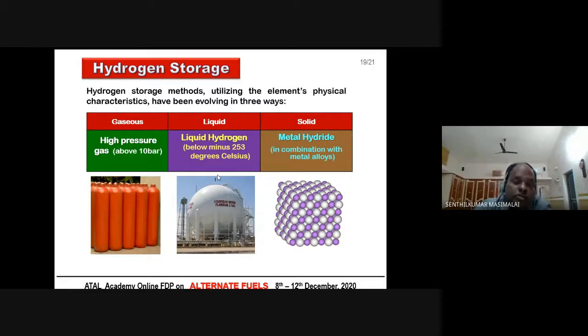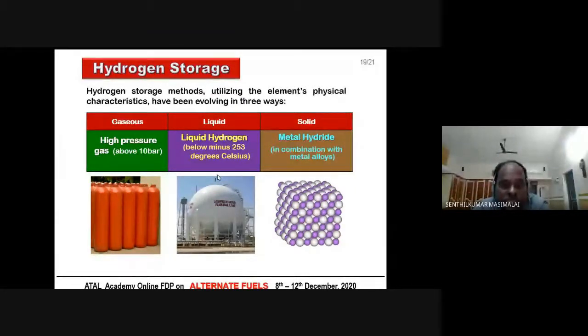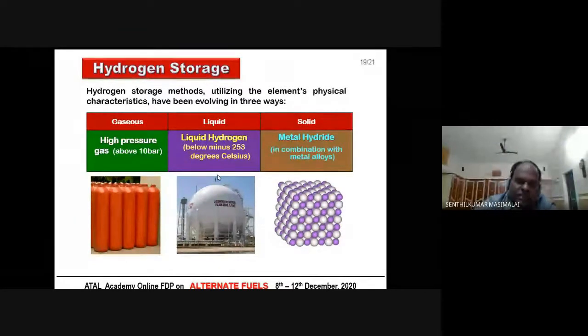So cryogenic technology has to be adopted. If that is the case, liquefied hydrogen will be very expensive. One liter of petrol is 84 rupees, while one liter of LH2 will be several thousands. So very expensive. That's why it has still not come into the market.